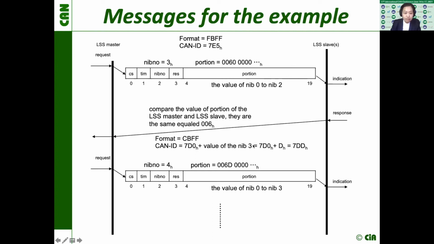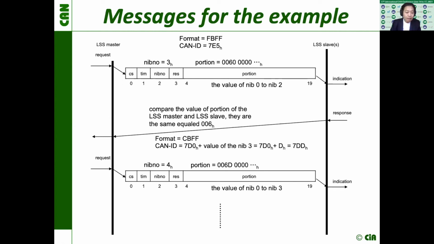So the CAN ID of the response is calculated as the rules here, and this CAN ID equals 70 plus the value of the neighbor 3, so 70 plus D is 7DD.